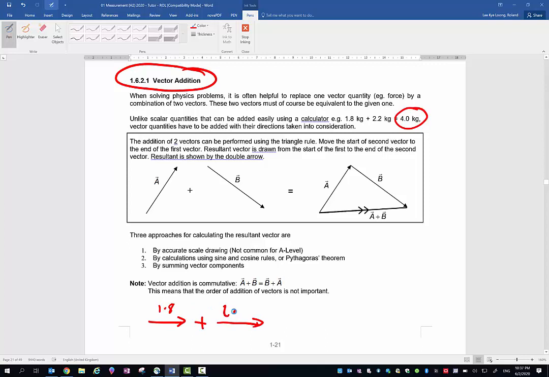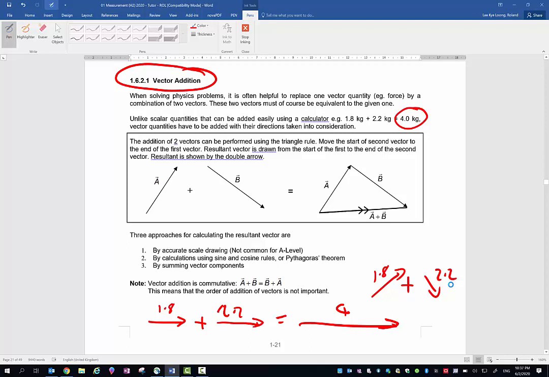Same direction plus same direction equals same direction. But if they are not in the same direction, 1.8 plus 2.2 is certainly not equal to 4. So you need to know how to resolve a vector.